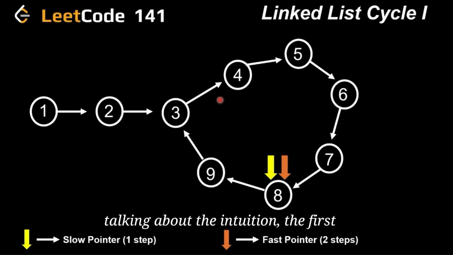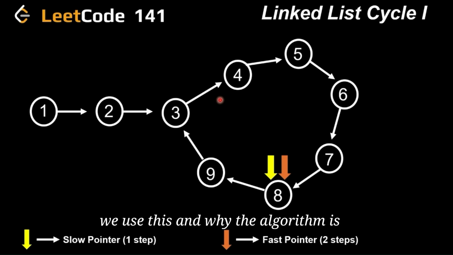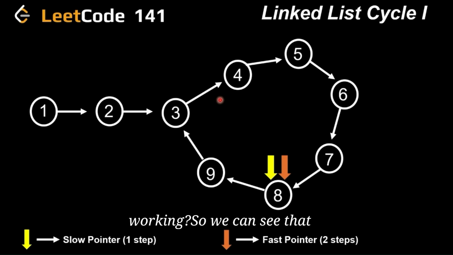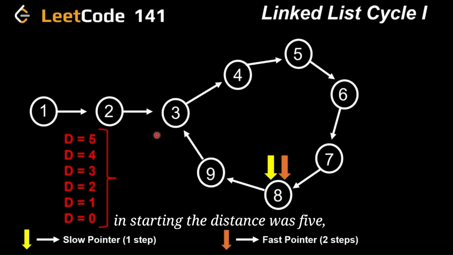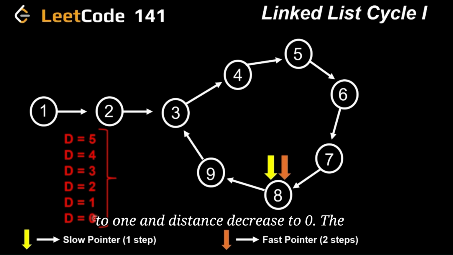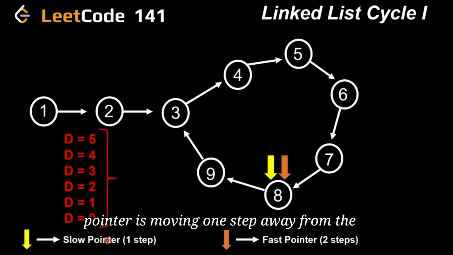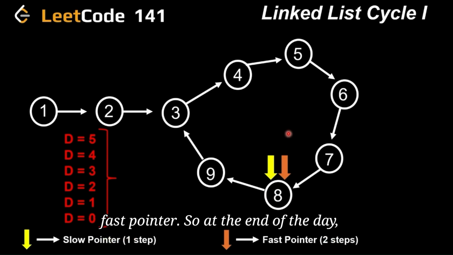Talking about the intuition, the first question that arises is why should we use this, and why does the algorithm work? In the starting, the distance was 5, then 4, then it decreases to 3, then 2, then 1, and then 0. The main reason behind this, as I told you, is that the fast pointer moves by 2 steps towards the slow pointer and the slow pointer is moving one step away from the fast pointer.